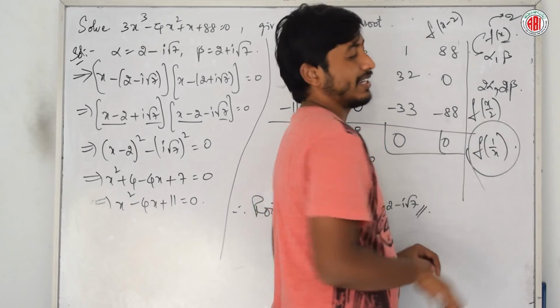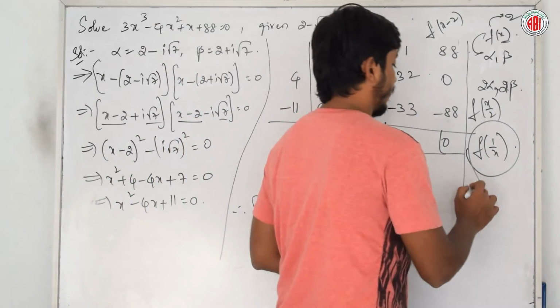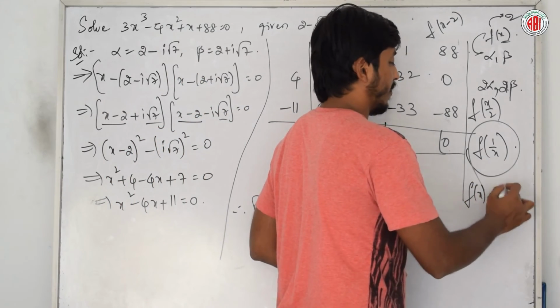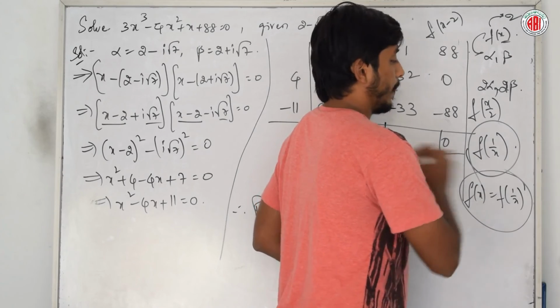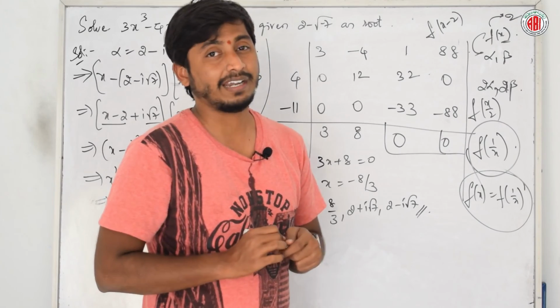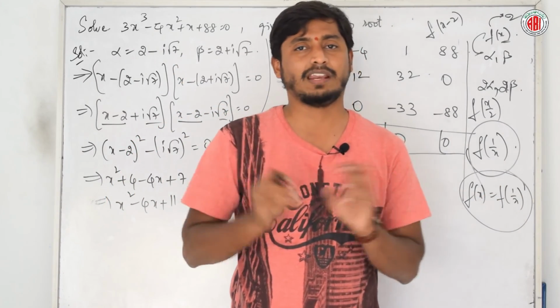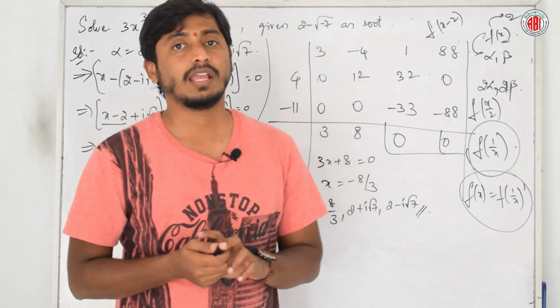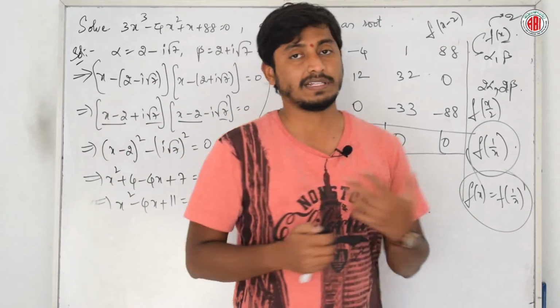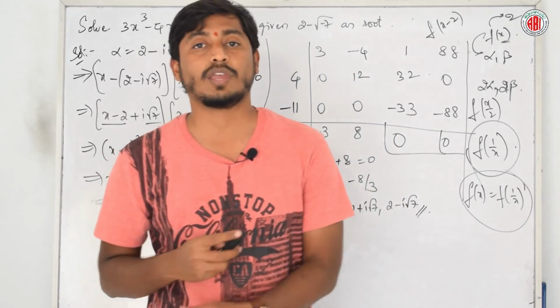This kind of equation is called a reciprocal equation. If I get f of x equal to f of 1 by x, this is a reciprocal equation. In this also we will have varieties, f of x equal to minus f of x, or some simple variations in that. Okay, and based on the number of terms also we will change the class: class 1, class 2, class 3 and class 4. Is it okay?